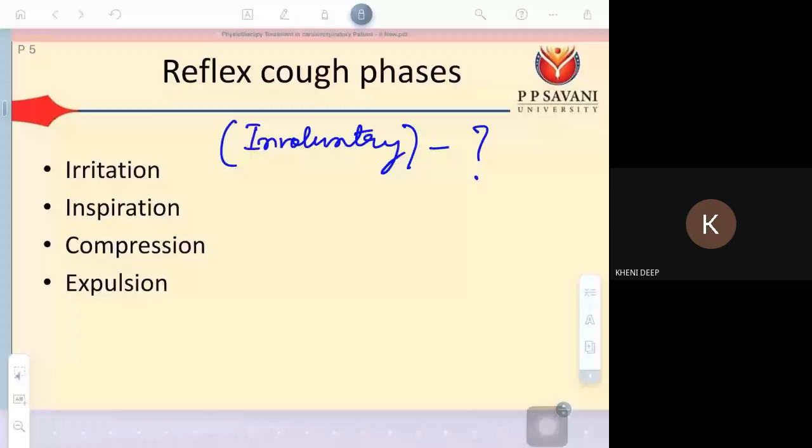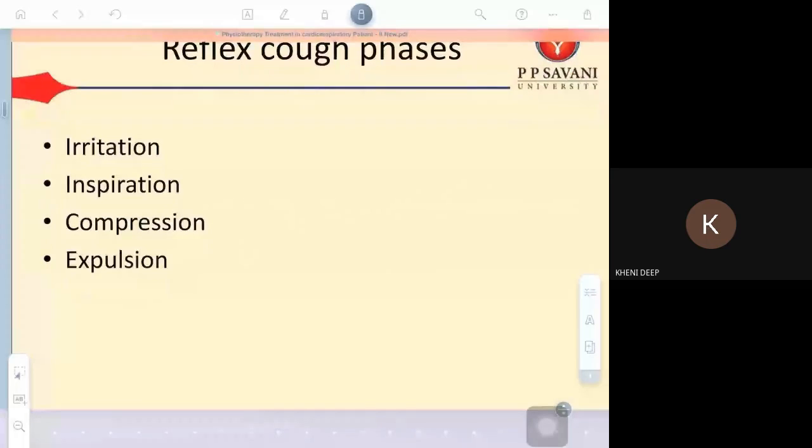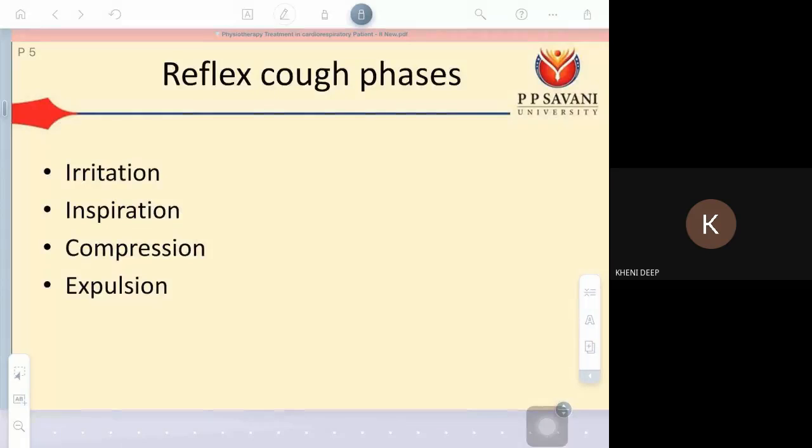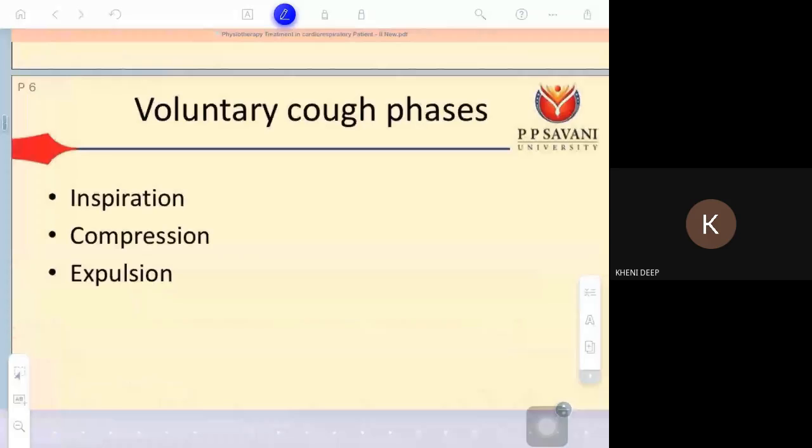First I will tell the difference, then I will teach in detail. So what is reflex cough? Reflex cough has four phases: 1, 2, 3, 4. Next is voluntary cough. Voluntary cough has only three phases.